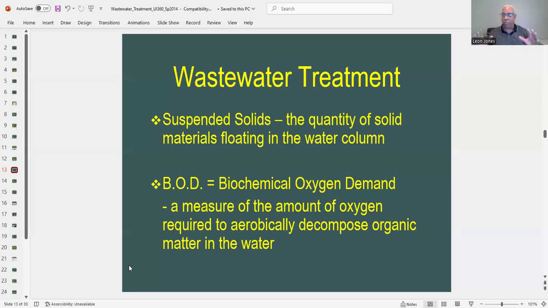So you're using an aerator. This is aerobic, so it's breaking down organic material in water. And that's what BOD is, biochemical oxygen demand. Generally, when something breaks down, we call it a half-life.